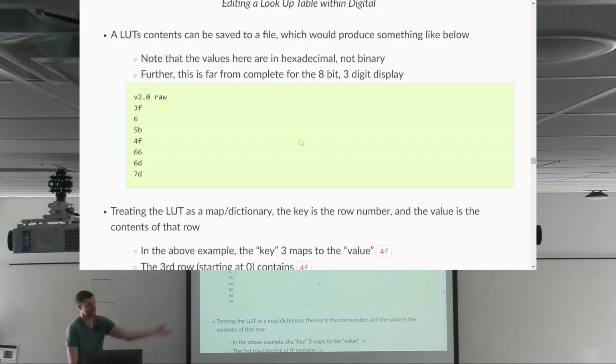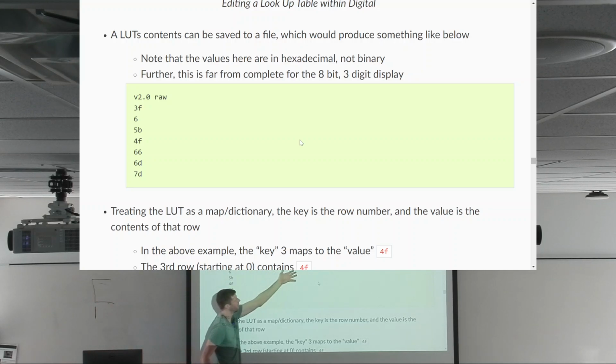So yeah, clearly this is just a little example of what a hex file would look like, because this is far from mapping each 8-bit number to a 3-digit or 4-digit display. That's where we are.